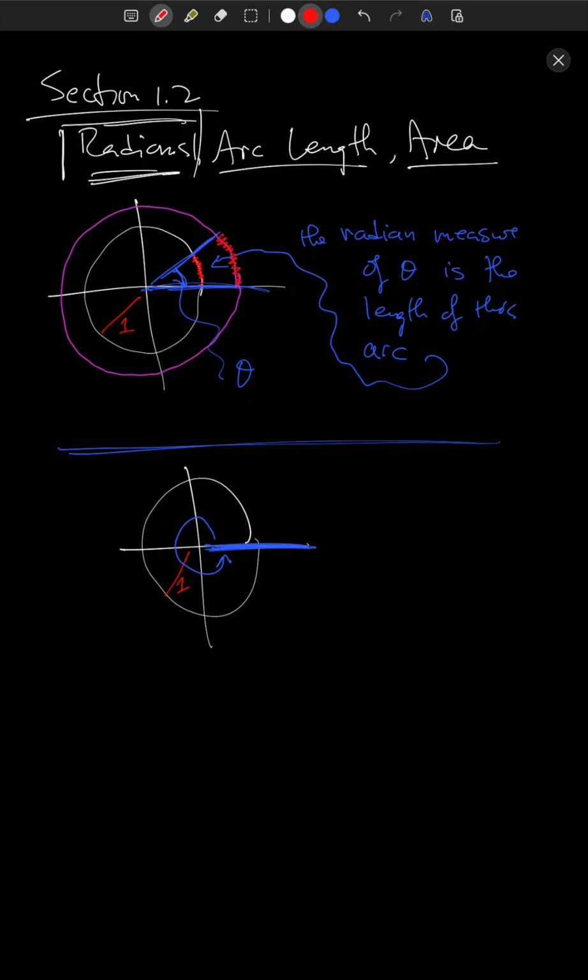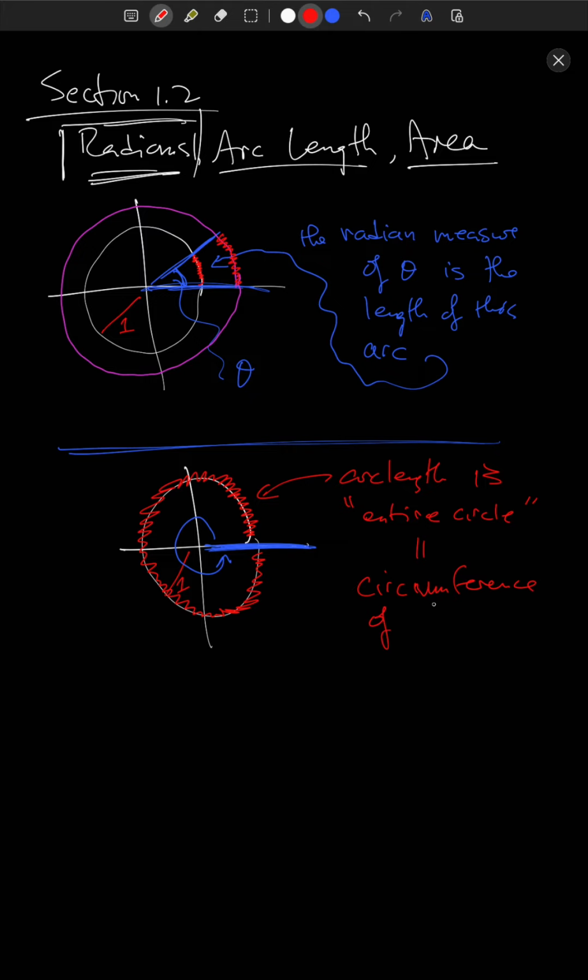Literally, the definition is the arc length of this arc right here. In this special situation, the arc is actually the entire circle. So the arc length is, in quotes, the entire circle, so it's going to be the circumference of the entire circle.